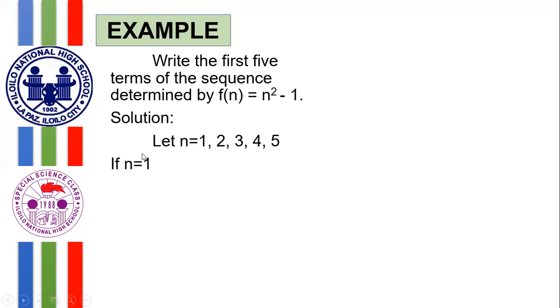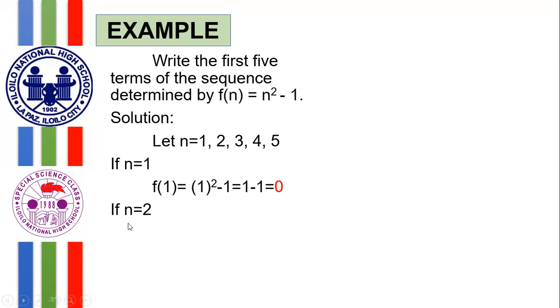Let's have first the case. How about if I have n equals 1? So replacing all n's by 1, we have f of 1 equals 1 squared minus 1. Simplifying this will give you 1 minus 1 or 0. This means that 0 is the first term of this sequence.